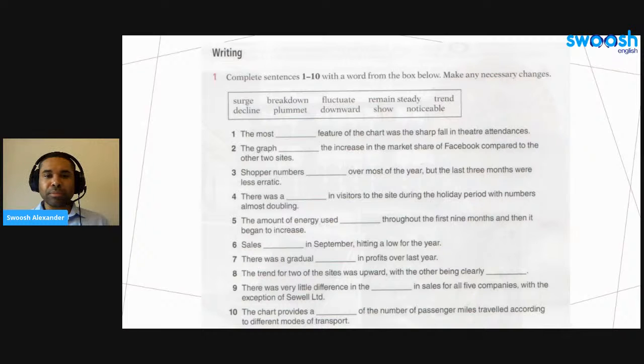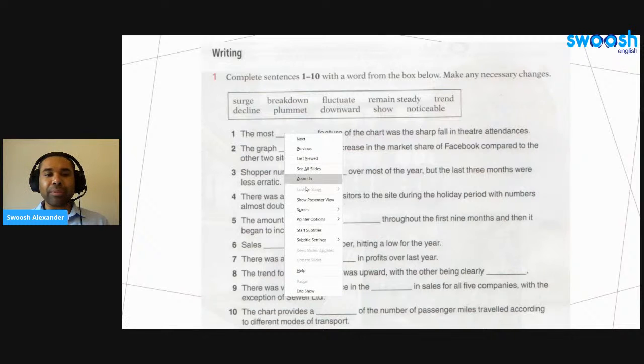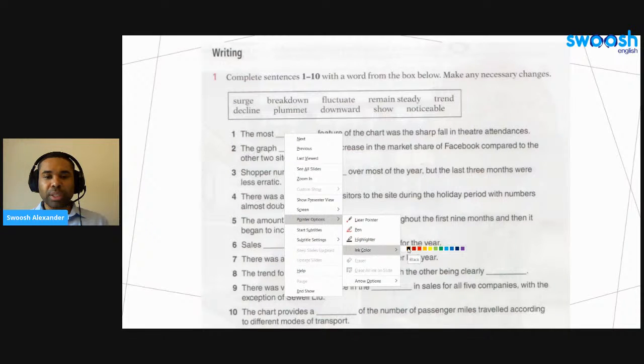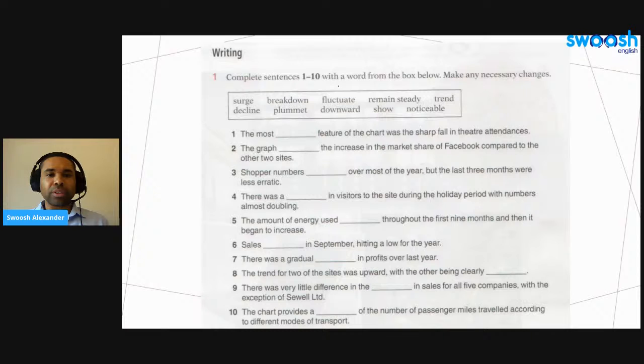Okay. So of the options that we have, the best option is noticeable. So the most noticeable feature. So we can just write that in here.